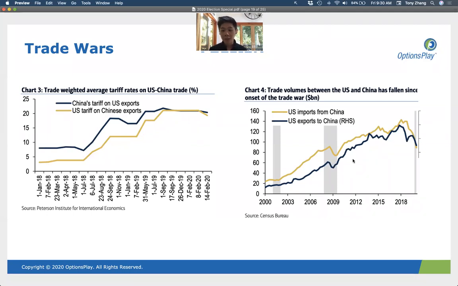And we have seen the impact of those tariffs, a substantial decline. And this decline happened well before the coronavirus. As you can see, the impact is actually larger than what we saw during the 2008 financial crisis. So these gray bars were the dot-com boom and the great financial crisis that we had in 2008, 2009.